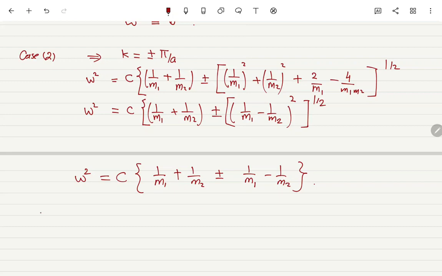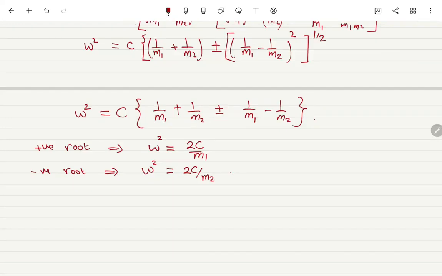Now we have positive root, omega square for this root is equal to 2c over m1, and negative root, omega square is equal to 2c over m2.